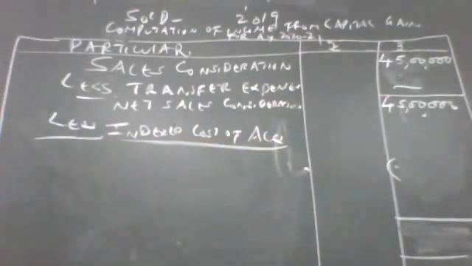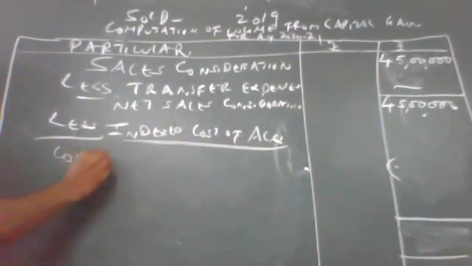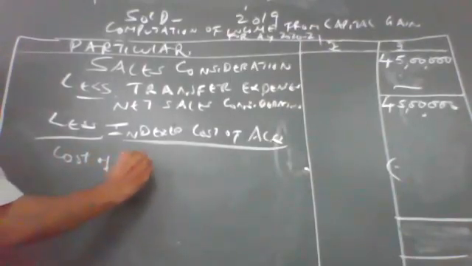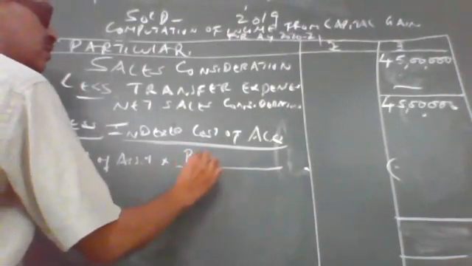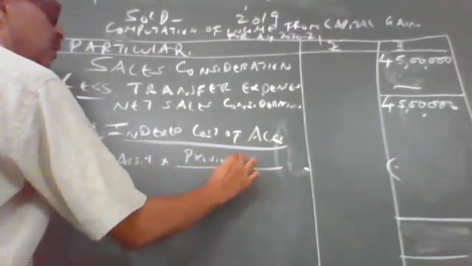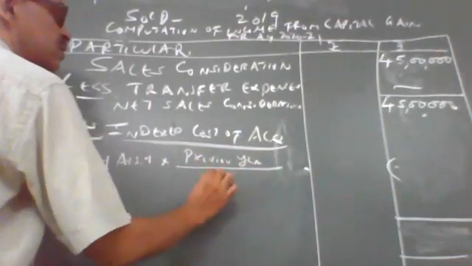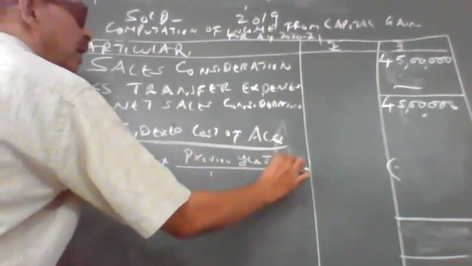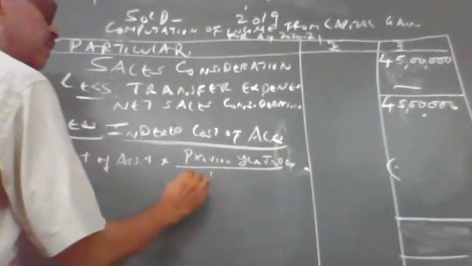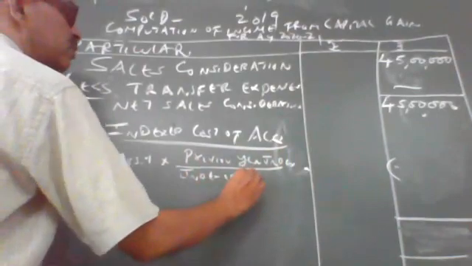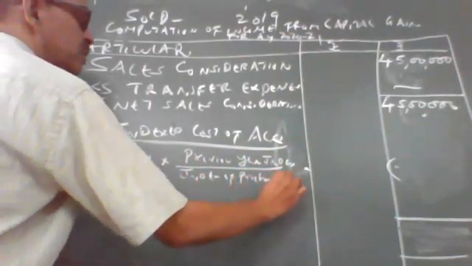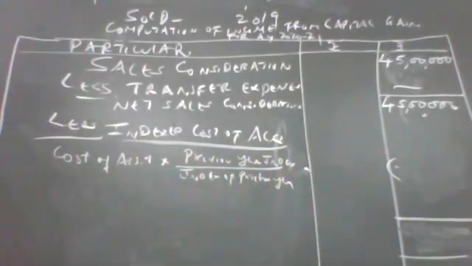As you know, the formula is cost of the asset into previous year index by index of purchase year.